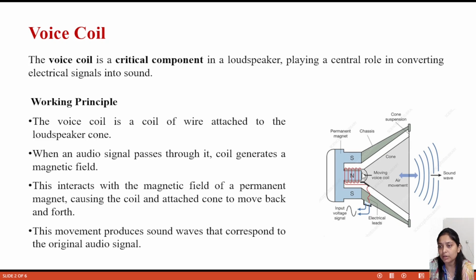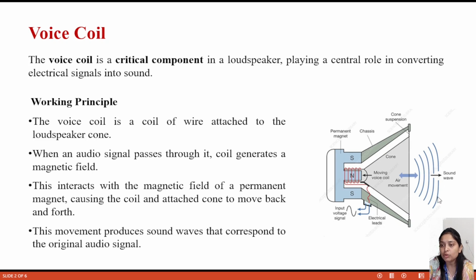In front of the voice coil a diaphragm is attached. The diaphragm is made of a very thin sheet of material. From here we give the input signal, and from here the sound waves come out. Now one by one I will tell you how the voice coil works.